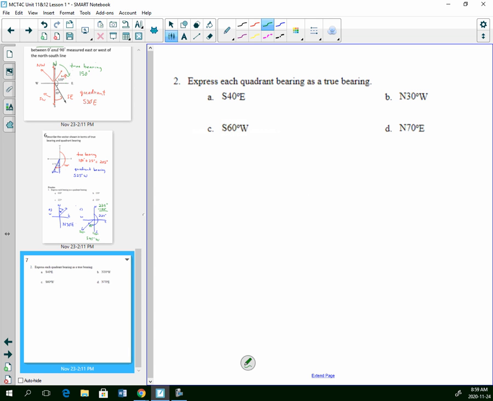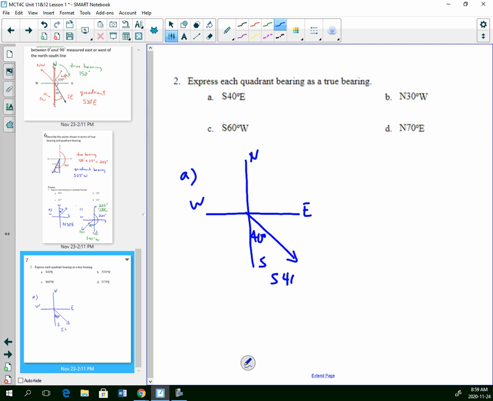These questions give it to you as a quadrant bearing, and you have to write it as a true bearing. So I'm going to draw A as a quadrant, so it's starting at the south, going 40 degrees towards the east. So this is south, 40 towards the east.